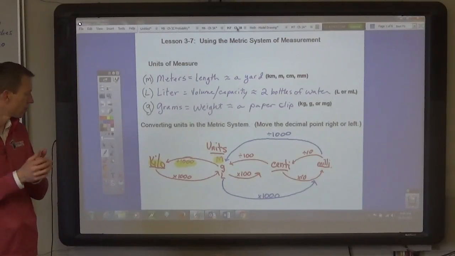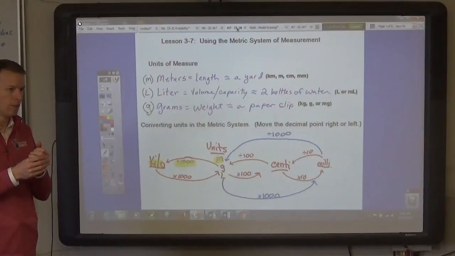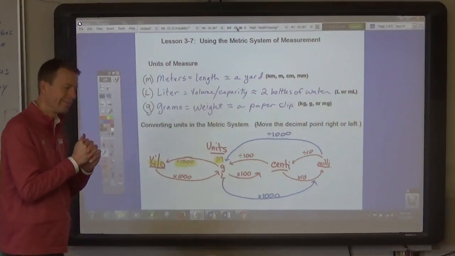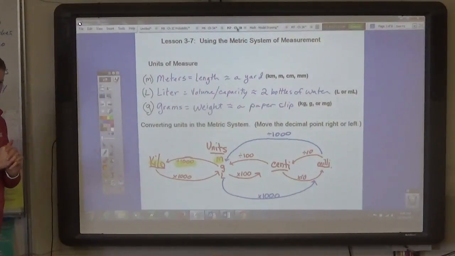Okay? So an average person is a little less than 100 kilograms, about 200 pounds. Alright?